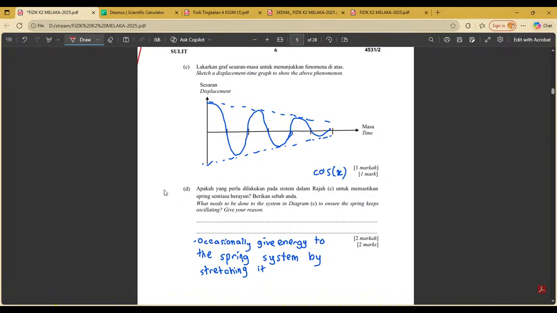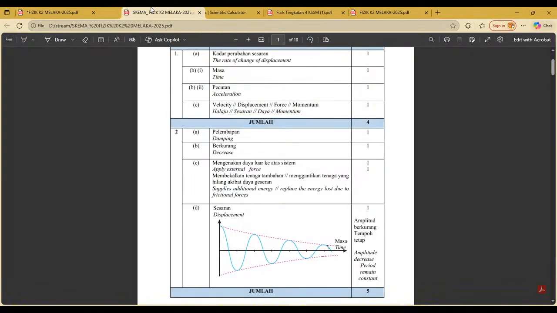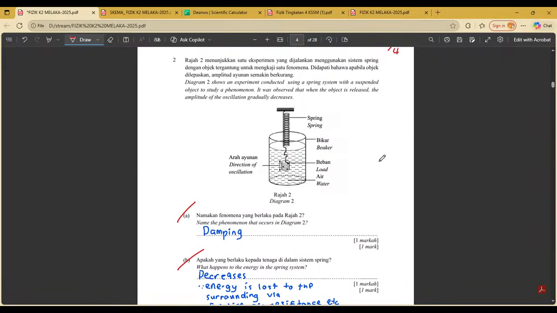I will give the mark. Amplitude decreases, period remains constant. I will give it.